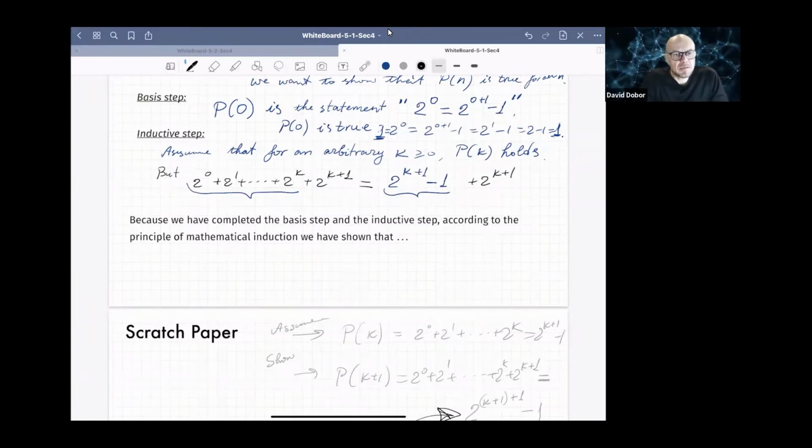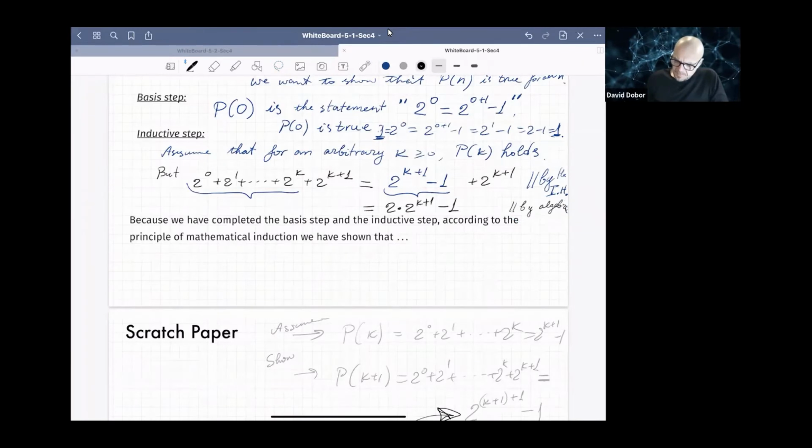Everybody agree? Just by the inductive hypothesis, that has to be true, because we get to assume P of k. So because P of k was true, this is the same as 2 times 2 to the k plus 1 minus 1, by algebra.